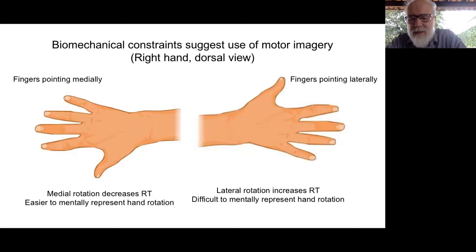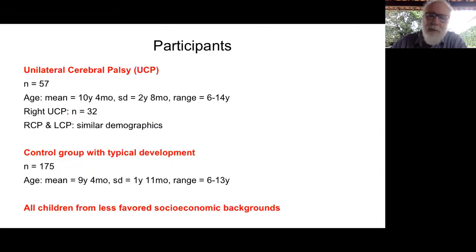Otherwise, the lateral rotation position increases considerably the reaction time because it is difficult to mentally represent hand rotation in this position because of anatomical reasons. It is simply anatomically awkward to rotate hands in this position.